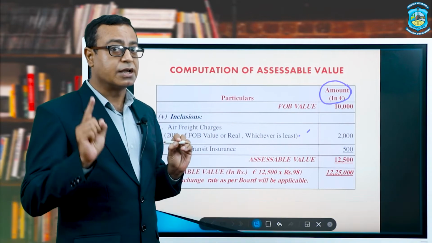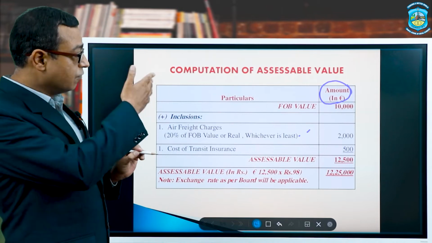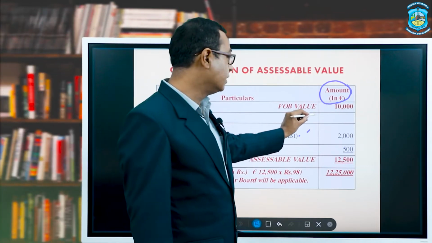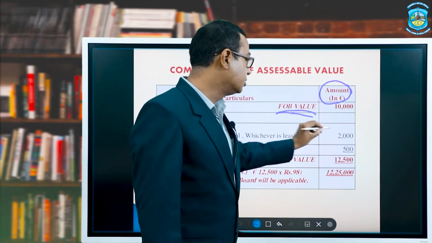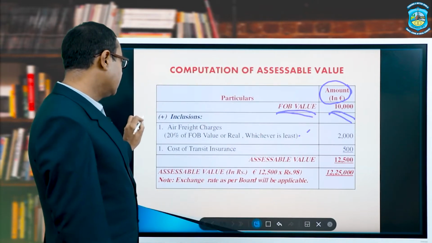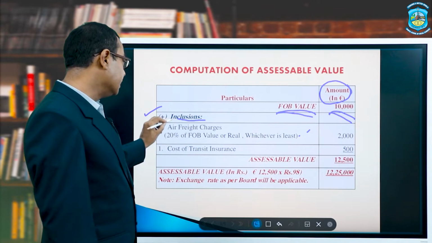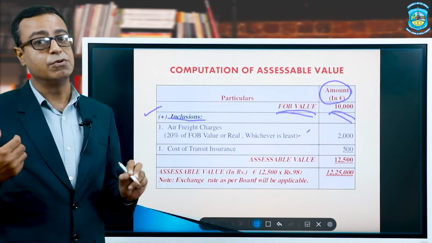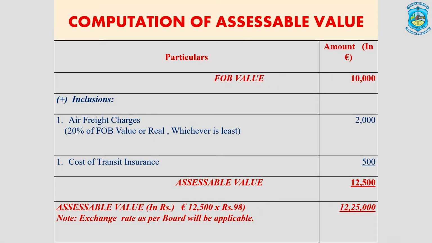So let's start the calculation of assessable value. First of all, we have FOB value that is given in the question, that is 10,000 euro. Now plus inclusions. Inclusion, it is after FOB value because FOB value is given itself in the question.